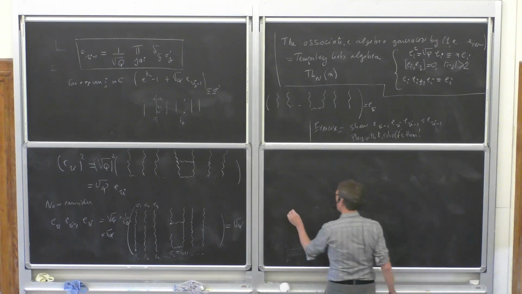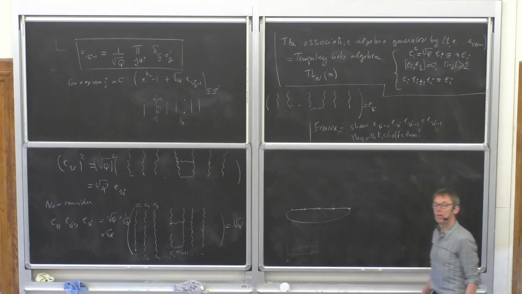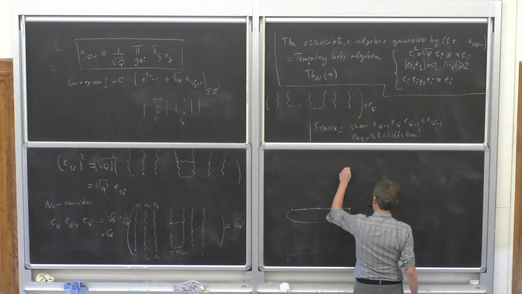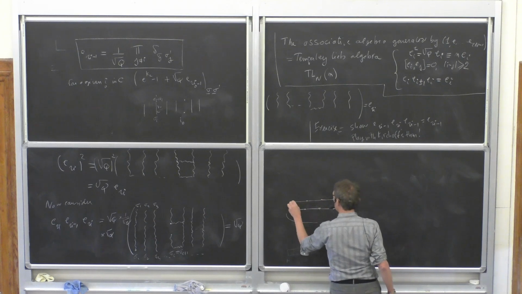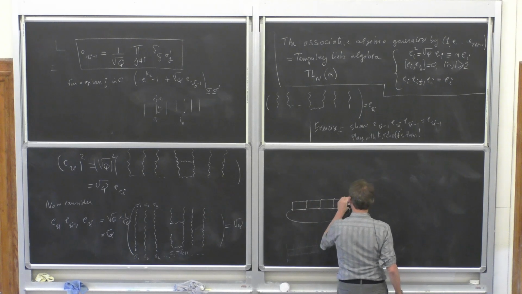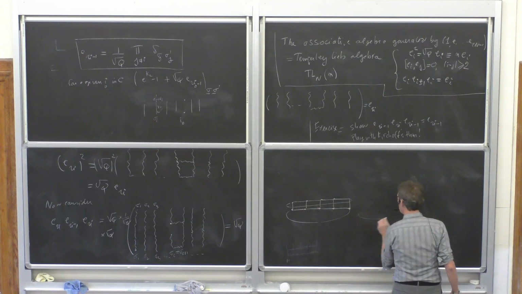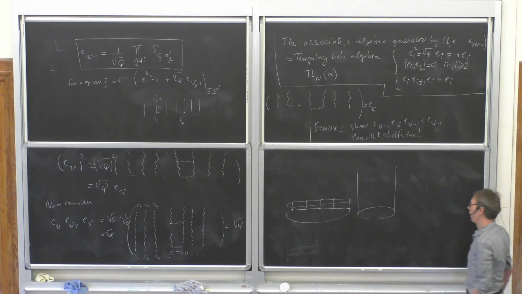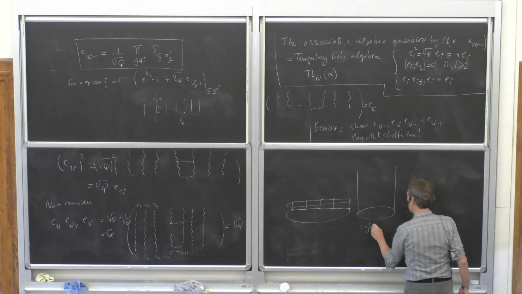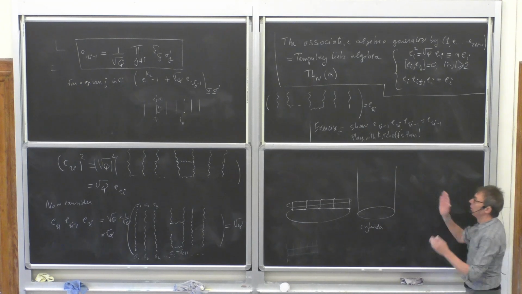So if, for instance, we had a periodic system instead of an open chain, we could similarly consider the partition function of the Potts model. It's a little bit hard to draw like this, but what I mean is simply that my system would live on a cylinder, while earlier what I had shown, we had a system living on a strip.